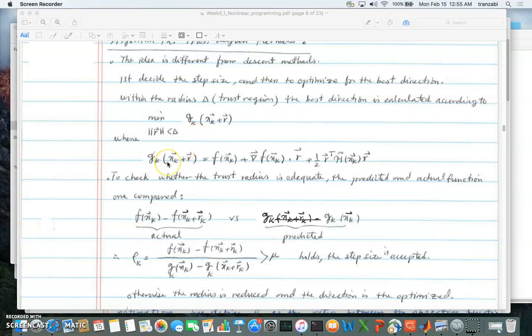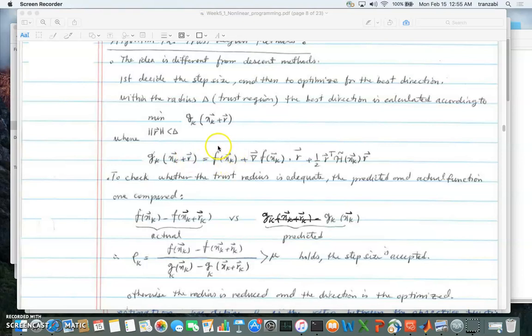So if you use the Taylor series for function f, then our g, which is going to be the Taylor series of f up to maybe the first three terms, is going to be our Taylor series for function f about point xk with increment of r.